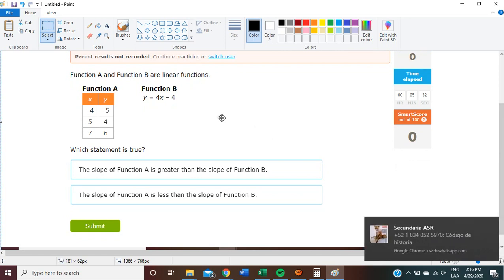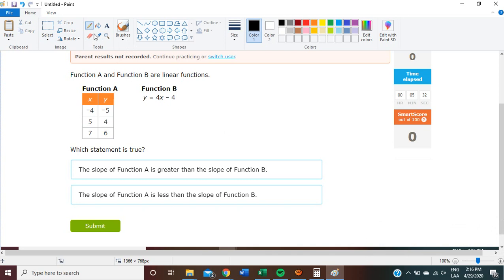Remember, this is the slope. How do we get the slope from a table? Here we have, remember, these are the coordinates. If we draw a graph, right? If we go -4, let's say it's going to be here, like 1, 2, 3, and this is 4, and -5, more or less right here.